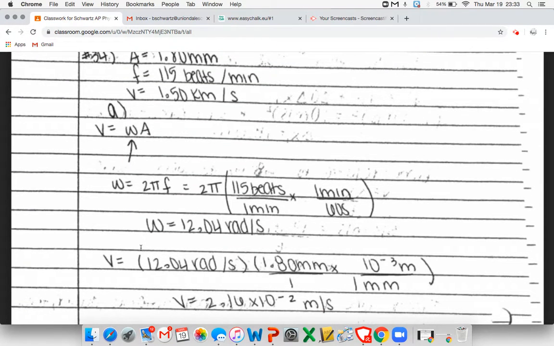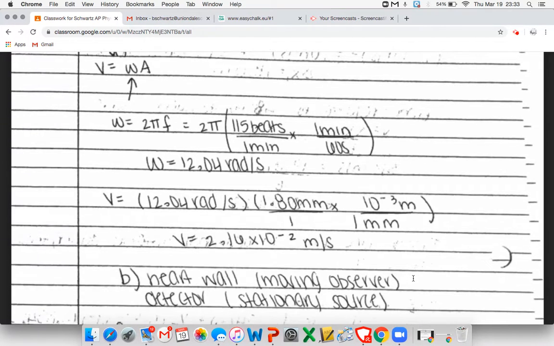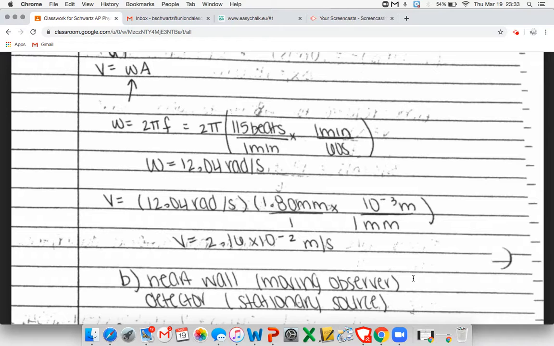Then all you need to do is plug into your equation, V equals omega A, where your omega is 12.04 radians per second. Your amplitude, there are 10 to the negative 3 meters in 1 millimeter. Milli is 10 to the negative 3, so I converted this way, and I ended up with 2.16 times 10 to the negative 2 meters per second.